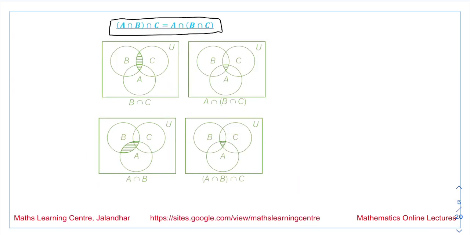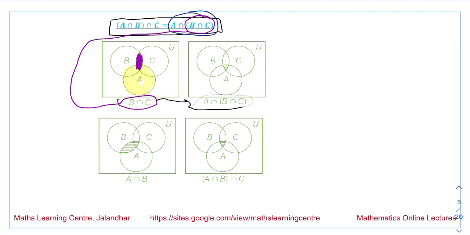If we have to draw the Venn diagram for the right hand side, first we have to draw B intersection C. This is the region common between B and C. Now we have to take its intersection with this set A. The region common to all these three is this region. This is the value of A intersection B intersection C.